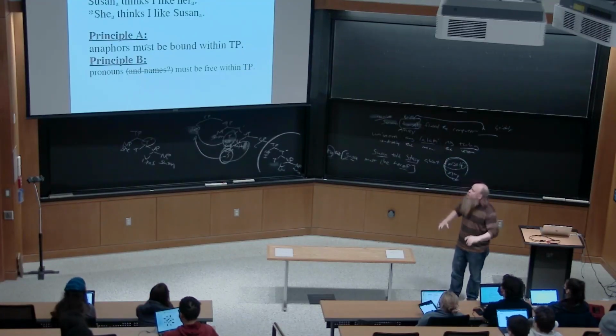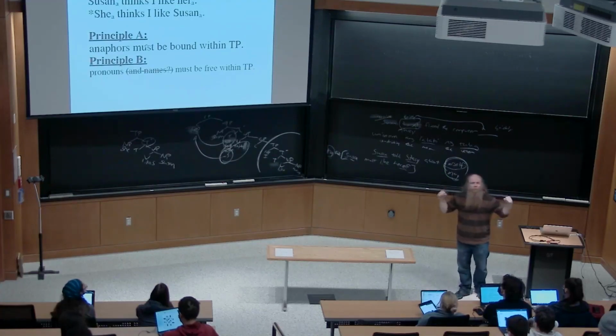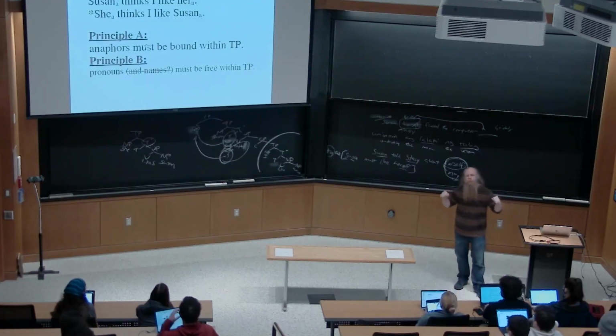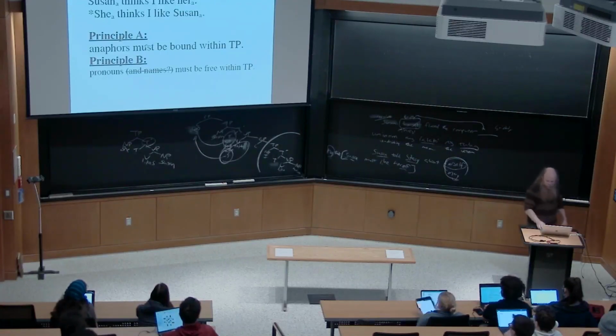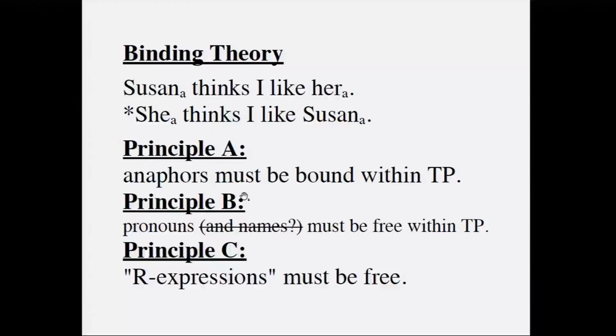Susan requires absolute freedom, freedom everywhere. Pronouns just need to be free within a certain domain, within TP, let's say. But a name like Susan needs to be free everywhere. The fact that Susan is bound by she in that second example, she thinks I like Susan, means that the sentence is bad. It doesn't matter that they're far apart.